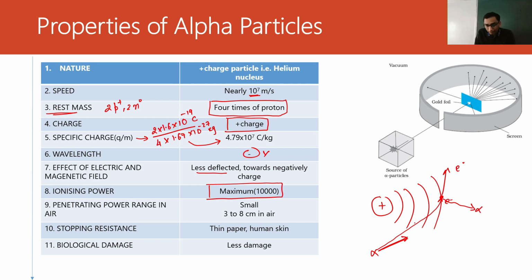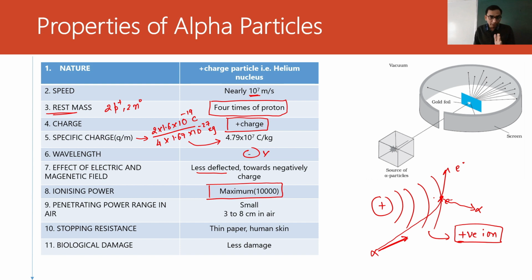So this atom, which was neutral, now has 1 electron less because the alpha particle has ripped away one of the electrons from its outermost orbit, which makes this atom a positive ion. So a positive ion is formed as a result of this collision of the alpha particle with the electron in the outermost orbit, and that is why we call this process ionization.